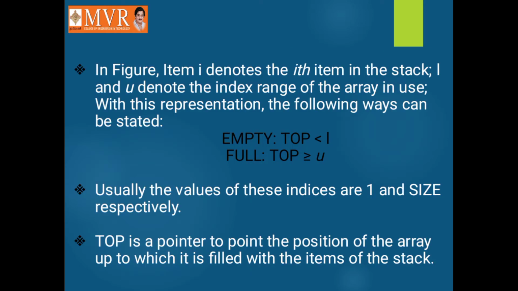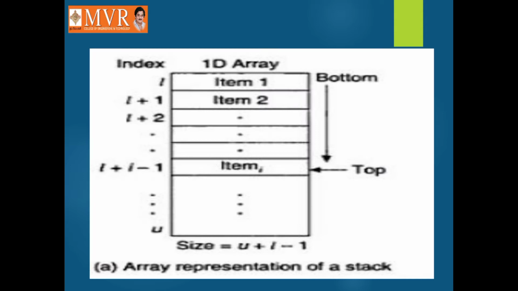Next, in the figure, item i denotes the ith item in the stack, and L and U denote the index range of the array in use. With this representation, the following conditions can be stated. See, as I have mentioned in this diagram, L shows you the lower bound.